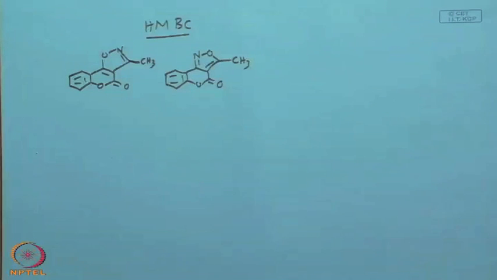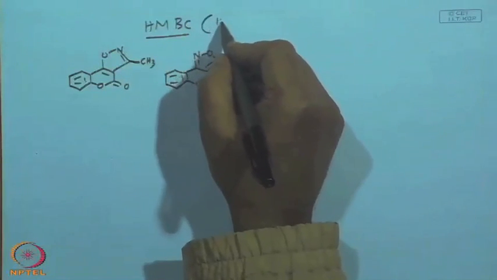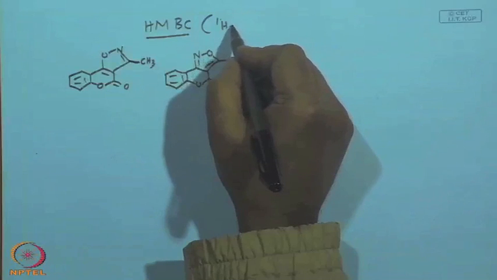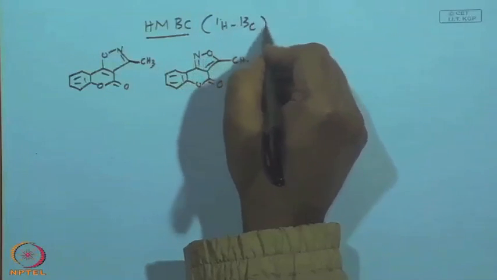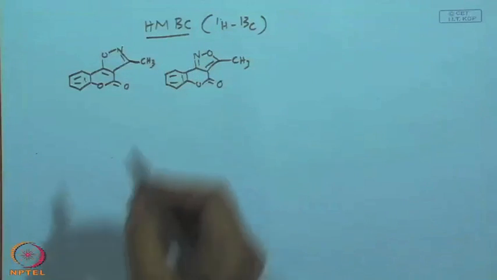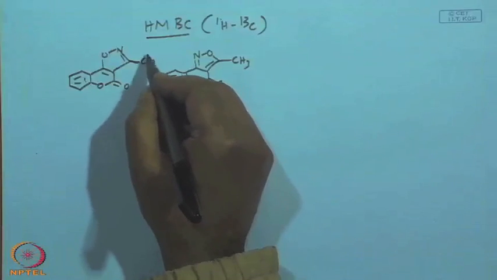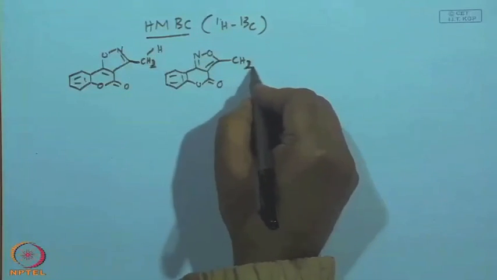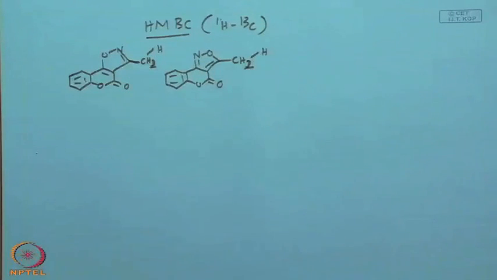Okay. HMBC means, let us say for now we talk about carbon 13. What do you see? I will make it 2 here, and hydrogen, fine. HMBC takes care of 2J, 3J most commonly.